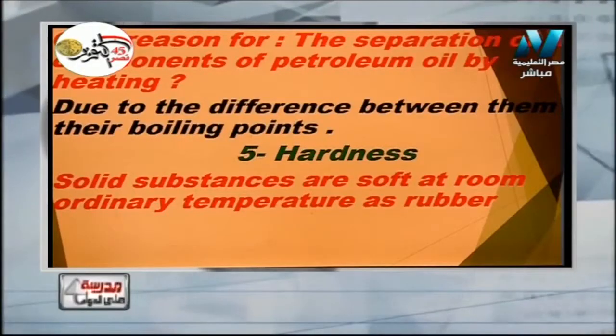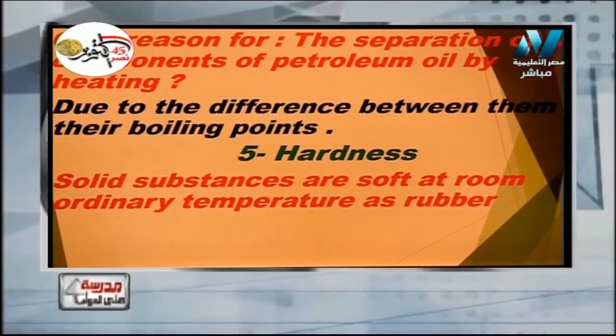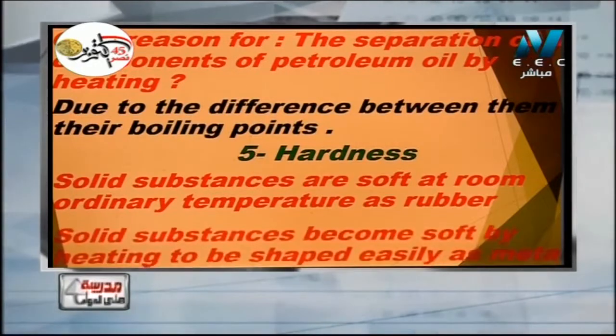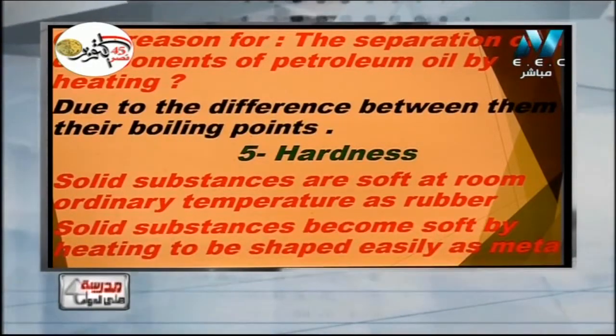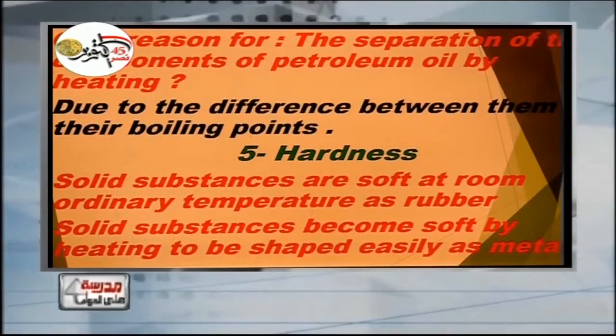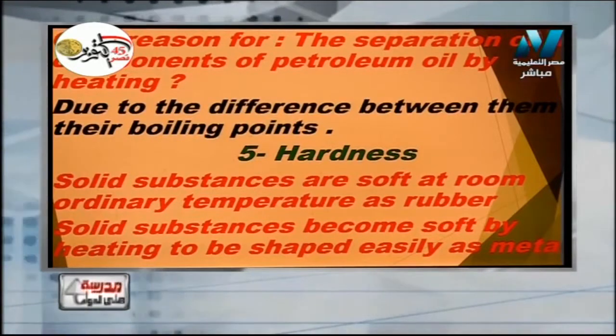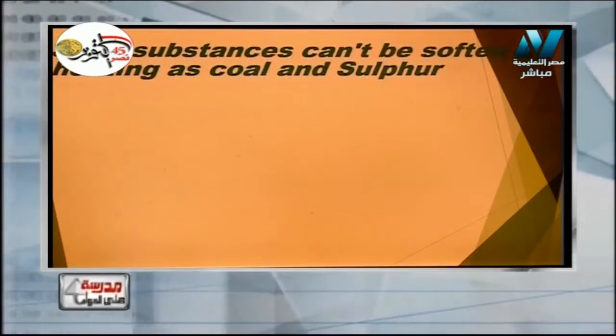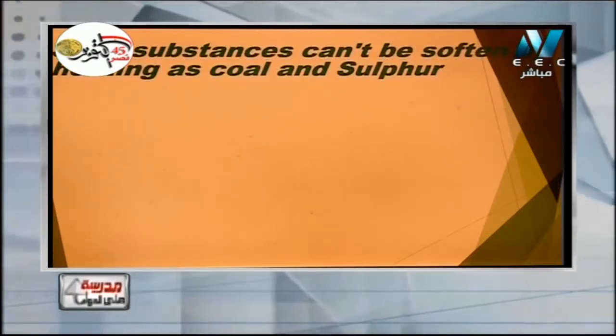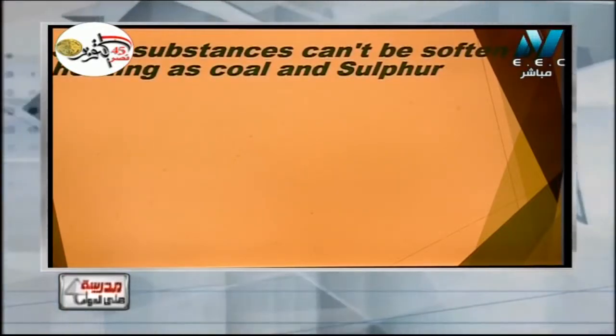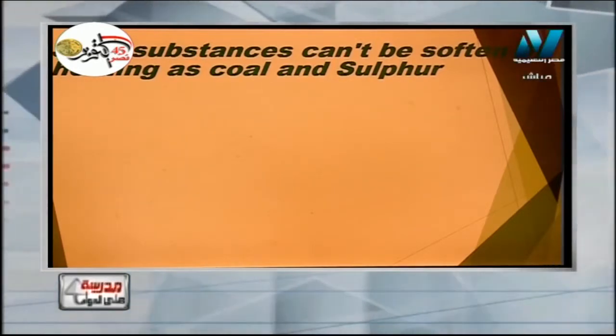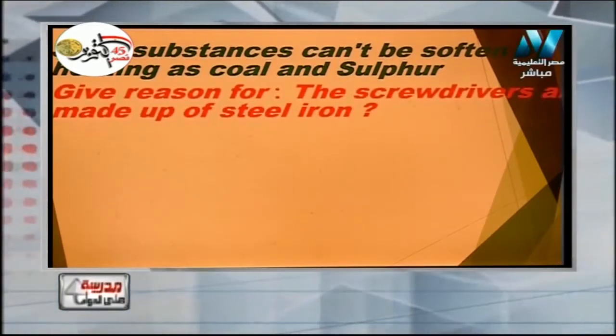So solid substances are soft at room temperature, as rubber. Some solid substances become soft by heating to be shaped easily, as metals. And some solid substances can't be softened by heating, as coal and sulfur.